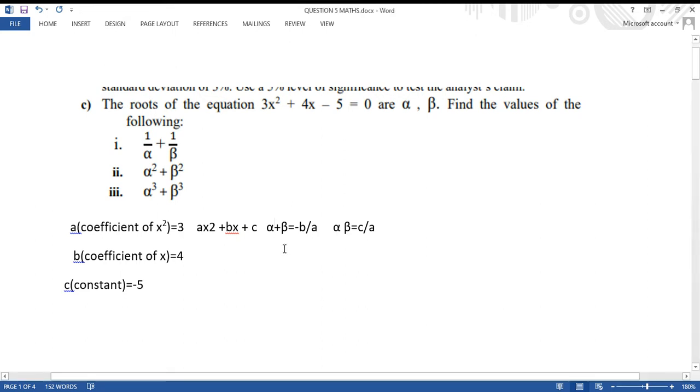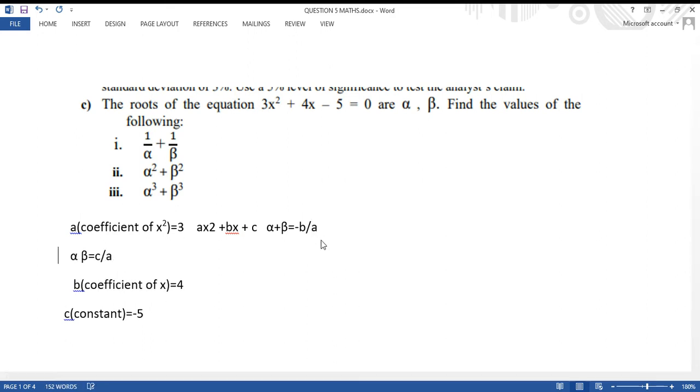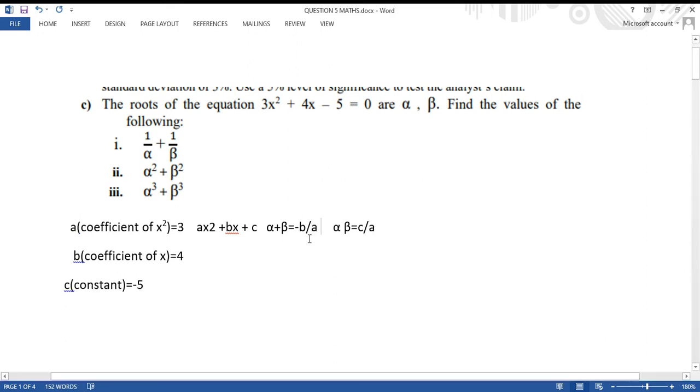Now we're going to have to replace our b. Our negative b, we replace it with negative 4, and our a, we replace it with 3.